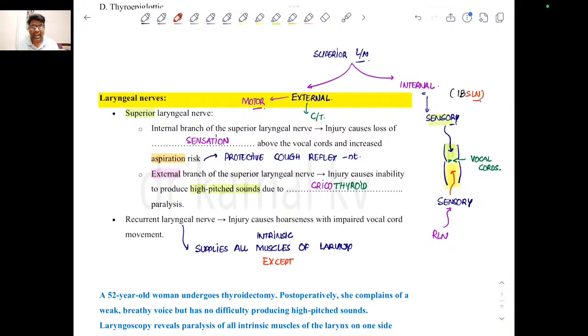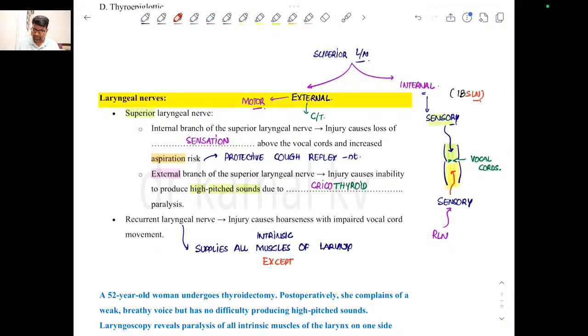Can anyone name that? It's very easy. We have already discussed that. Which muscle is an exception here? All intrinsic muscles of the larynx are supplied by the recurrent laryngeal nerve except, I am waiting for your answers.